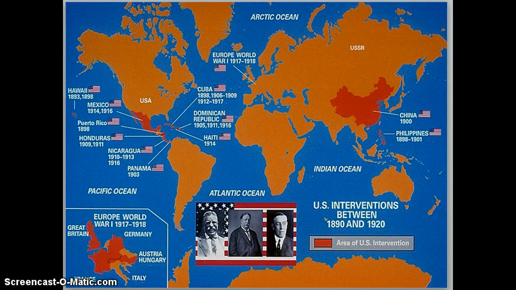Here they are: Teddy Roosevelt, William Howard Taft, and Woodrow Wilson. So again, the three progressive presidents from Chapter 9 are also the three big imperialist presidents as well. So let's take a moment and talk about the three imperialist presidents.